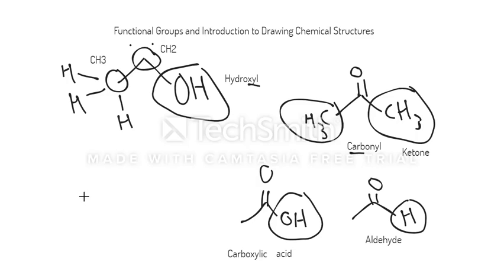Let's look at an example of an amine. What is an amine? When you see an N, that is denoted as nitrogen, and one common amine that people all know about that smells really bad is ammonia.